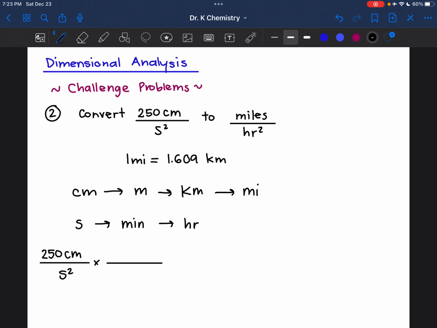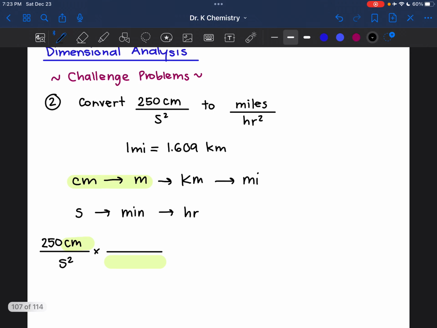So you could either do length first and then do time or vice versa, but don't mix and match because it can get very confusing and very easy to lose track of things. So I prefer to deal with length first, so I'll start there. There are centimeters in the numerator, which means we need to put centimeters in the denominator in order for those to cancel. Well, now we need to think about our centimeter to meter conversion.